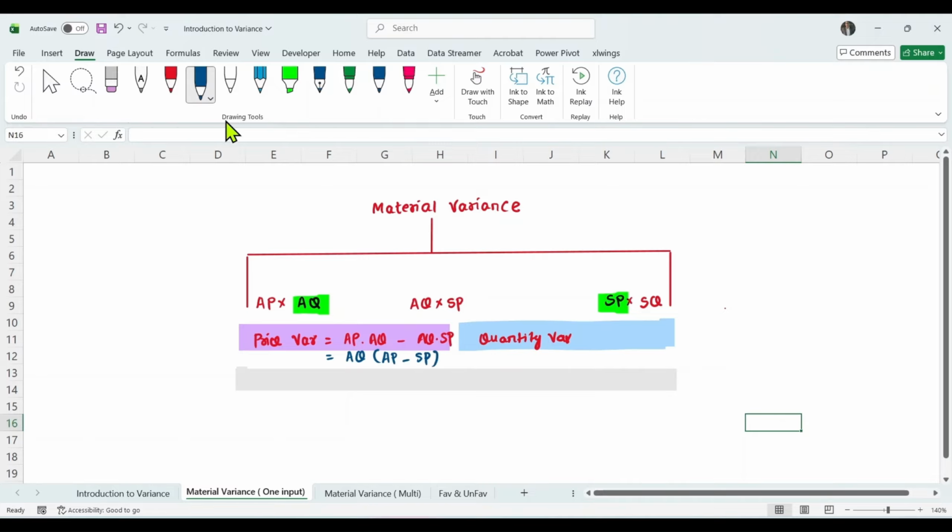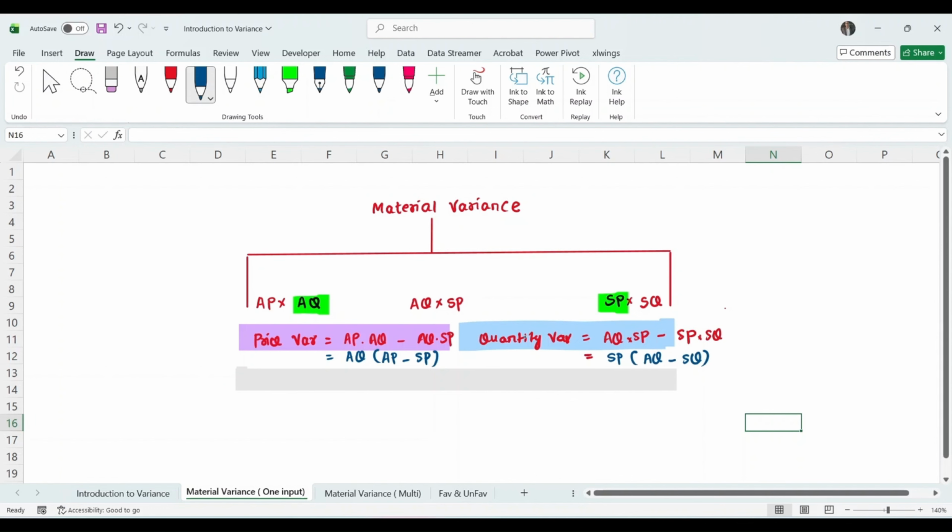And for quantity variance, we'll move from left to right: AQ times SP minus SP times SQ. The common part is SP, the standard price, so we take SP common, and here we get actual quantity minus standard quantity.